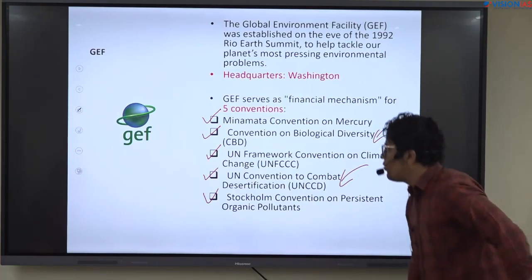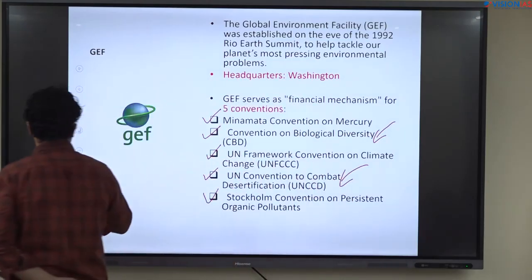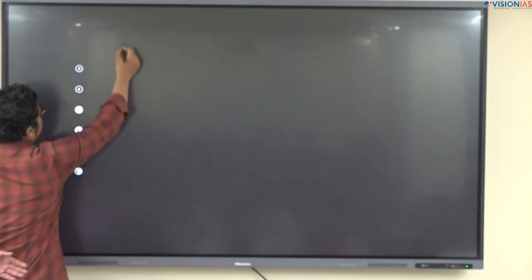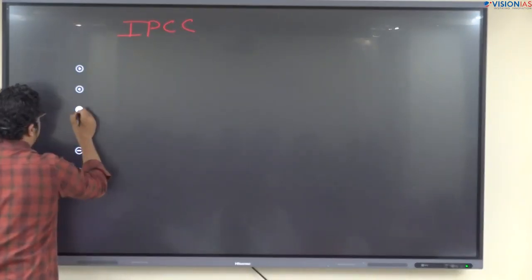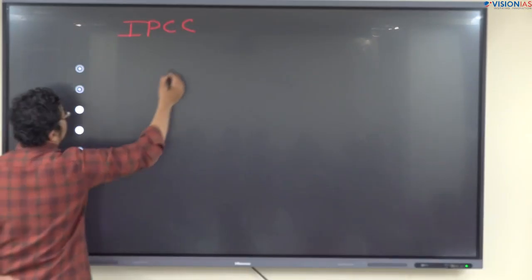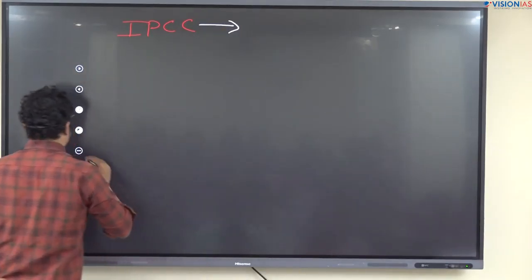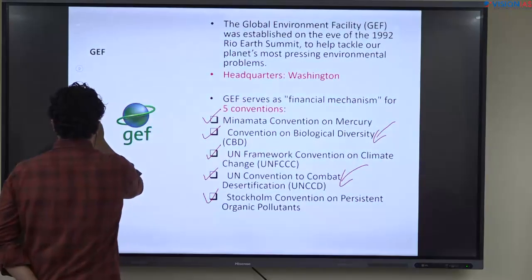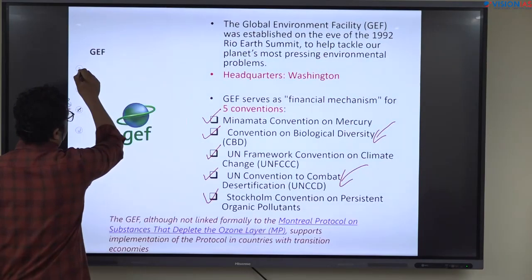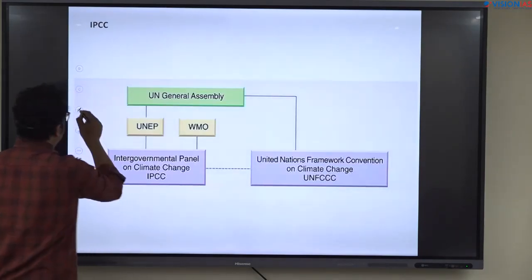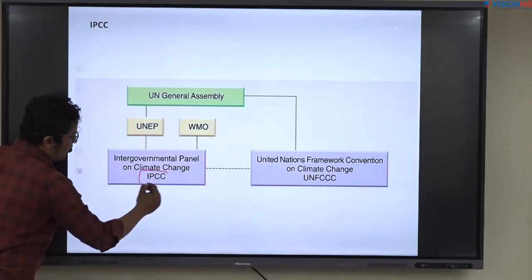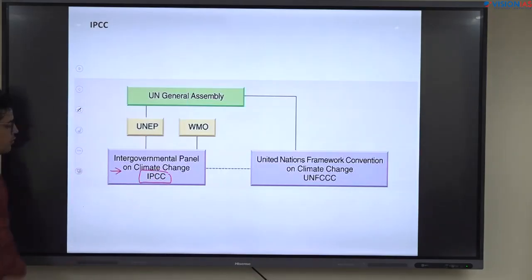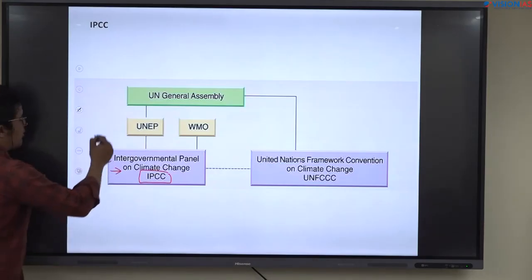Now come to next organization, point number 6, IPCC. What is the full form of IPCC? Intergovernmental Panel on Climate Change.